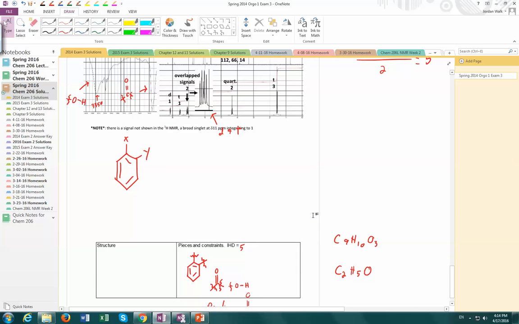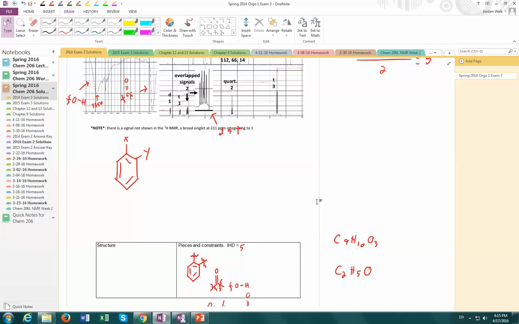All right, so let's go back up. Where would you go now? We can figure out what's left with the carbons and hydrogens. Yeah, we've got carbons and hydrogens left over, so we look over here, and this is something you should be able to look at and know immediately what you've got. When you have a quartet around 4 integrating to 2 and a triplet around 1.5 integrating to 3, what is it?